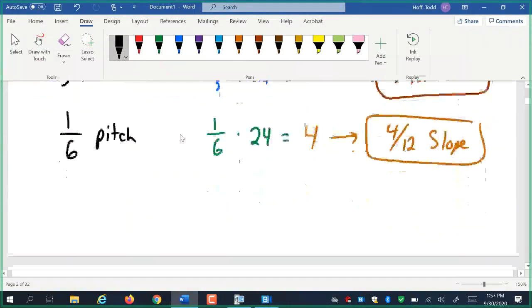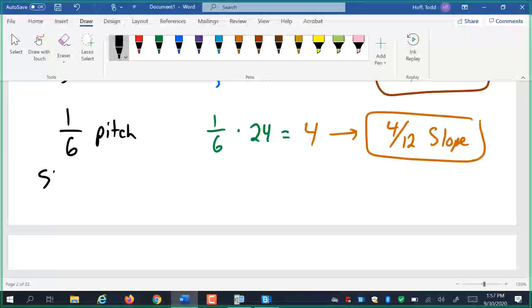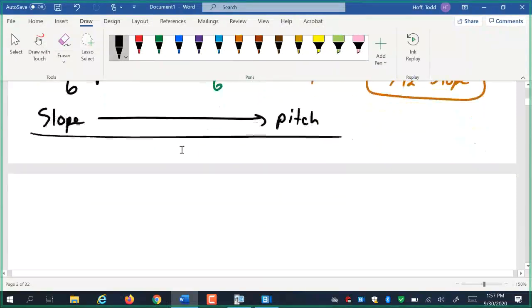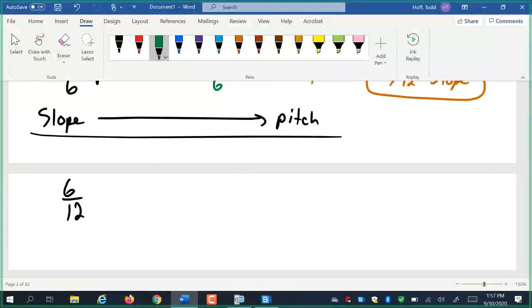What if I have the slope and want to convert it into a pitch? Well, let's say I know that it is a 6/12 slope, and I want to convert it into a pitch. It's actually really simple.